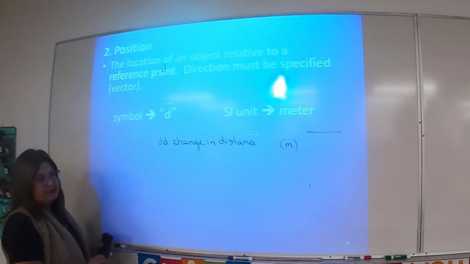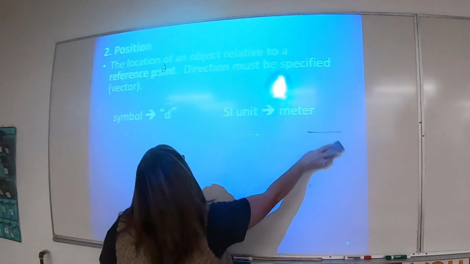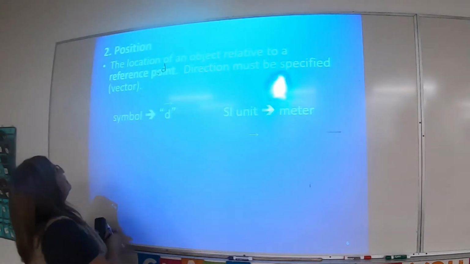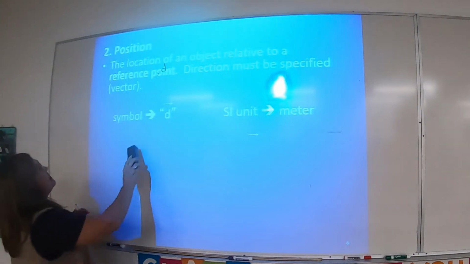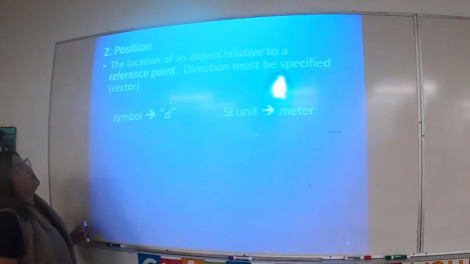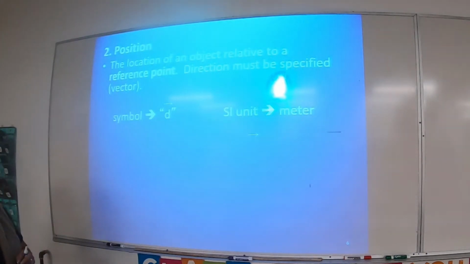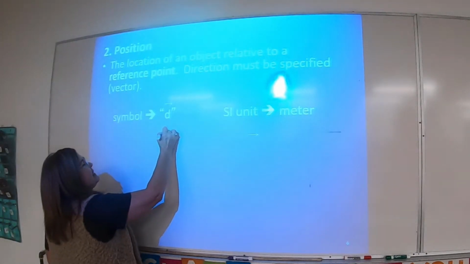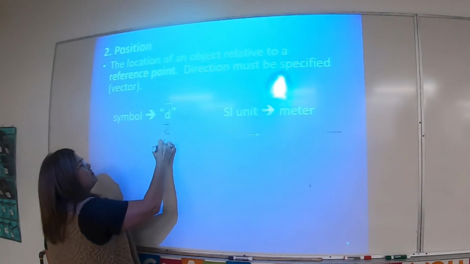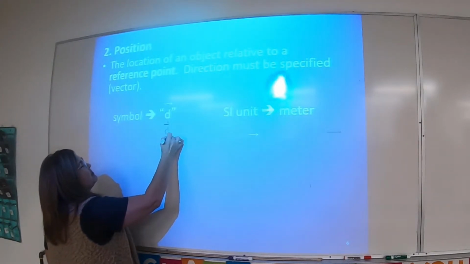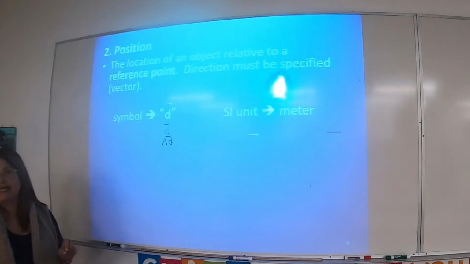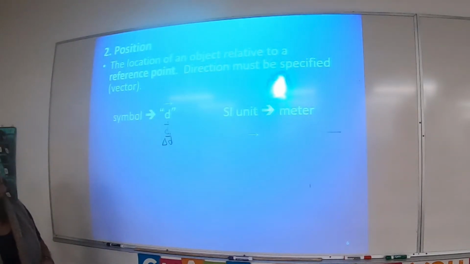Okay, position. The location of an object relative to a reference point. Direction must be specified. You have to put it in there, okay? So it's D with a vector, but usually we talk about displacement as being delta D, okay?